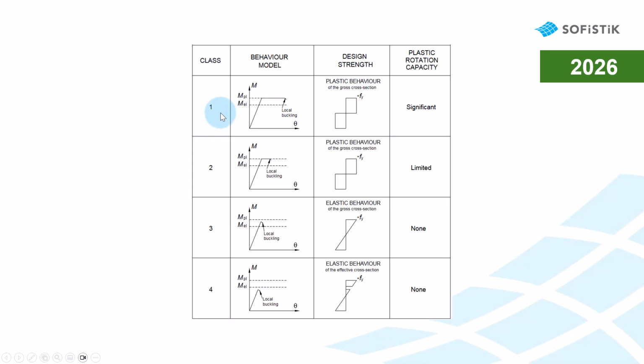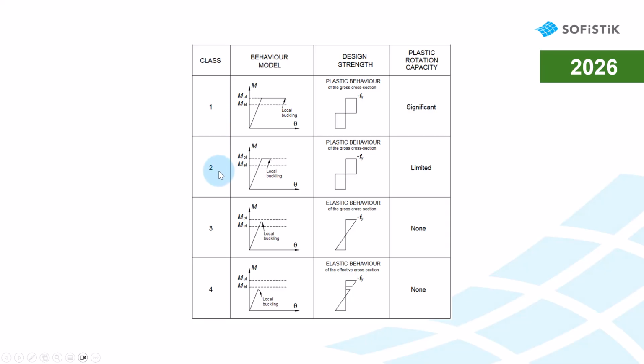Class 1 sections have the most rotation capacity and would even allow for the development of several plastic joints in the structure and a corresponding distribution of the internal forces in the structure. Note that design concepts of a bearing capacity of the whole structural system with several plastic joints are not part of the scope of the bridge design checks presented in this tutorial.